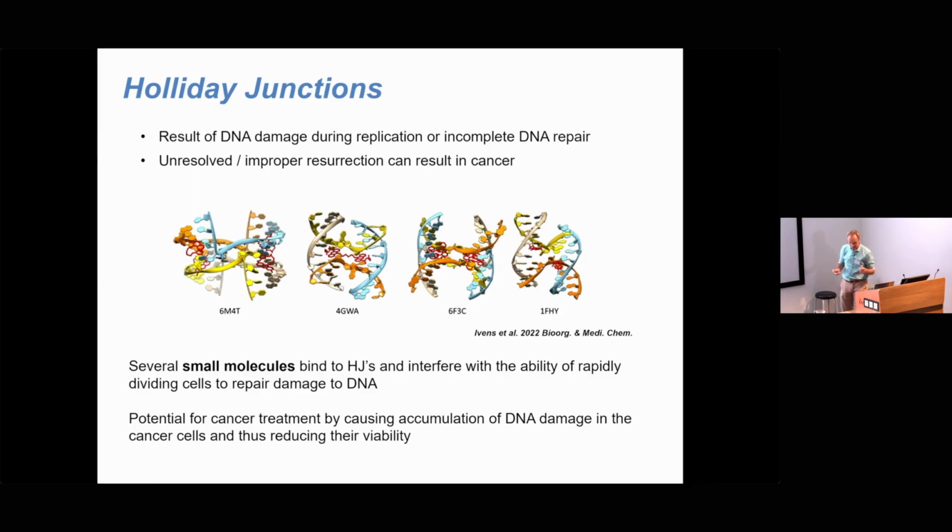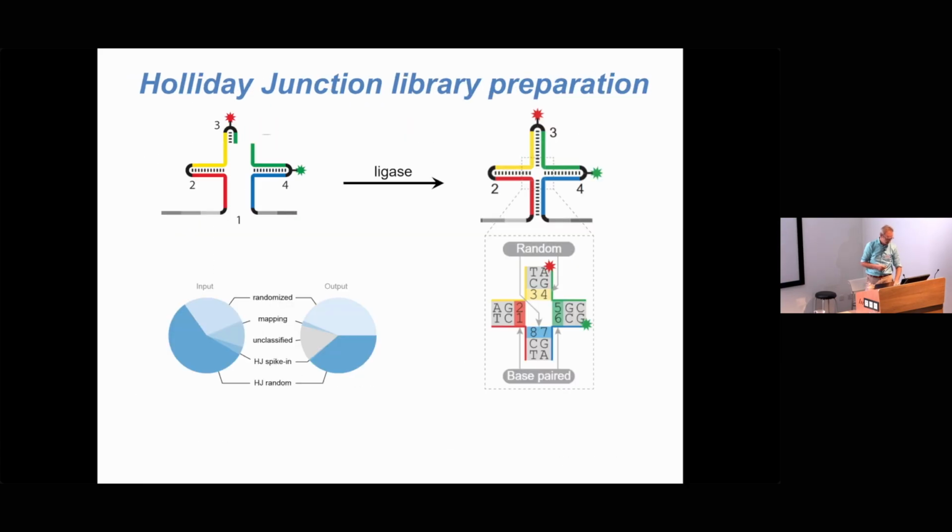I'd love to do that, but it's slightly more complicated. So we started with Holliday junctions. They are sort of the prototype test for FRET experiments, and I'll speed up a little bit. We made a library of Holliday junctions and varied the central 4 base pairs.